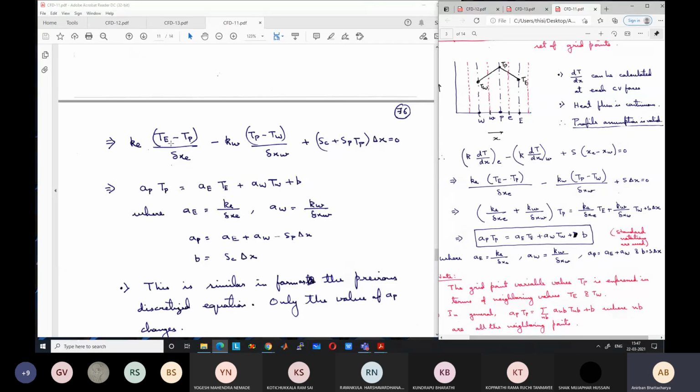So exact same form, but the values are somewhat different. aE and aW are same. aE is equal to ke by delta xe. aW is kw by delta xw. But aP now has an extra term: aE plus aW minus Sp delta x. This comes from the term Sp into delta x, which is the extra coefficient of TP. So aP is aE plus aW minus Sp delta x, and b is Sc into delta x.